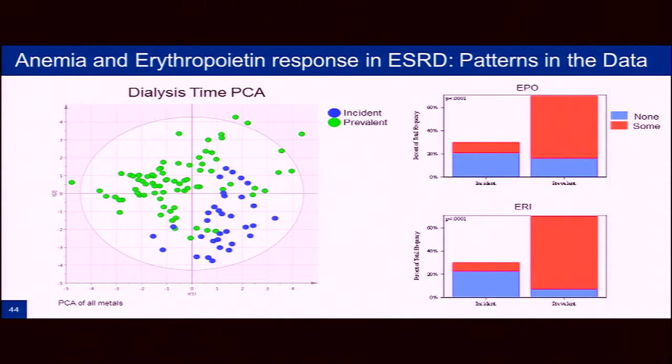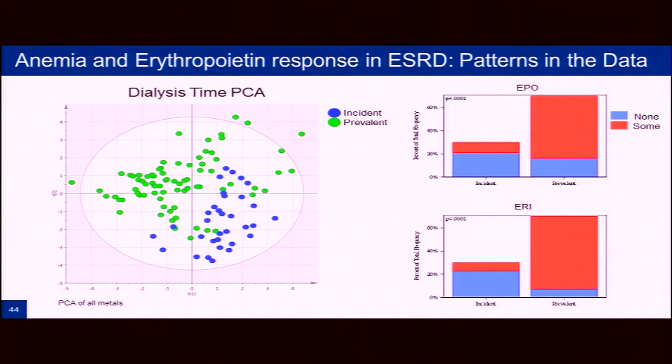So one of the major patterns that arose in the data was the difference between incident and prevalent patients. And you'll notice also on the right are just plots showing the percent of total frequency for incident patients that actually were treated with EPO or their ERI index versus those that had non-zero.